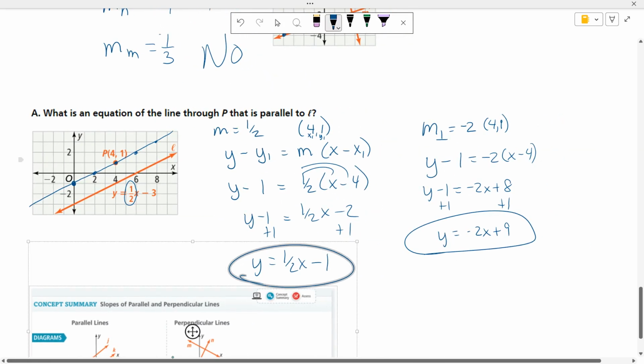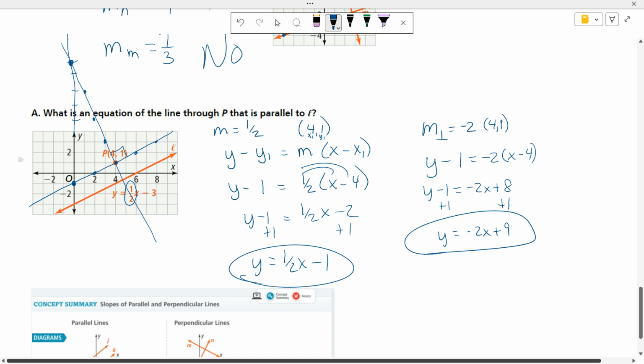So 9 is way up here somewhere. 1, 2, 3, 4, 5, 6, 7, 8, 9. So it goes through here, and you go down 2, to the right 1. Down 2, to the right 1. See how it goes perfectly through there?